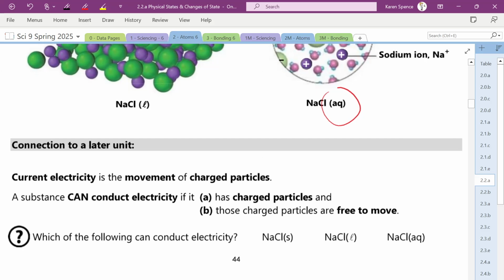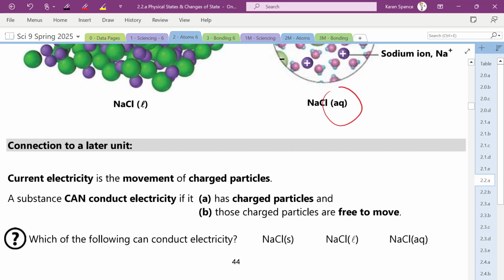Here's a connection to a later unit. This is going to be our electricity unit. And I might as well haul out the conductivity apparatus right now.